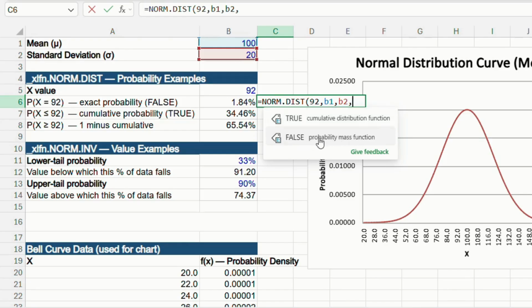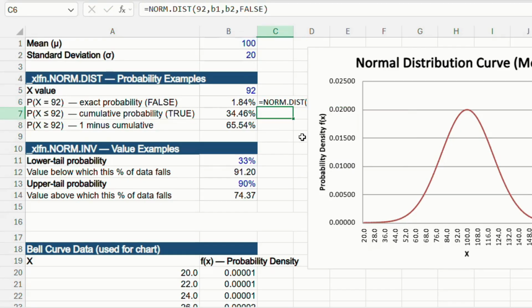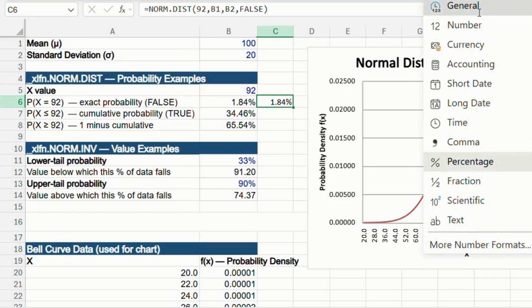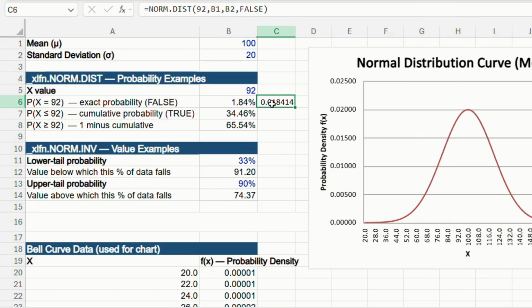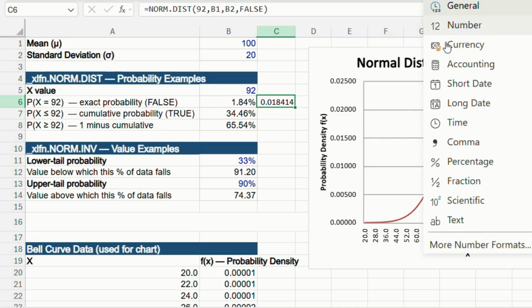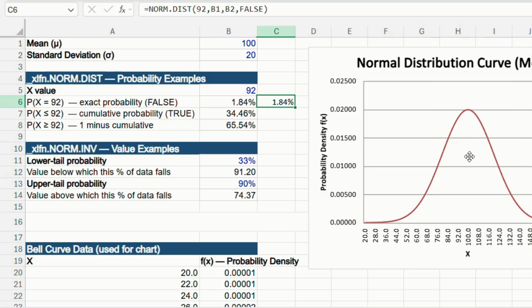That's the probability mass for the exact number which we want. Close the parenthesis. If I change the format to a plain number, we get 0.011. And if I want to look at this number as a percentage, I change it into a percentage.